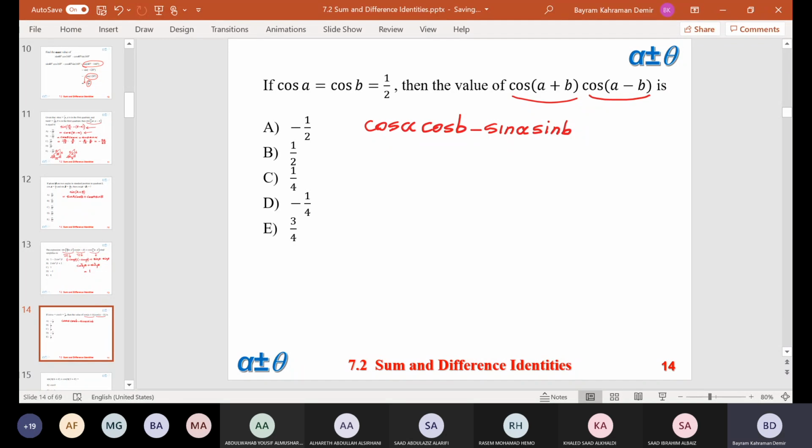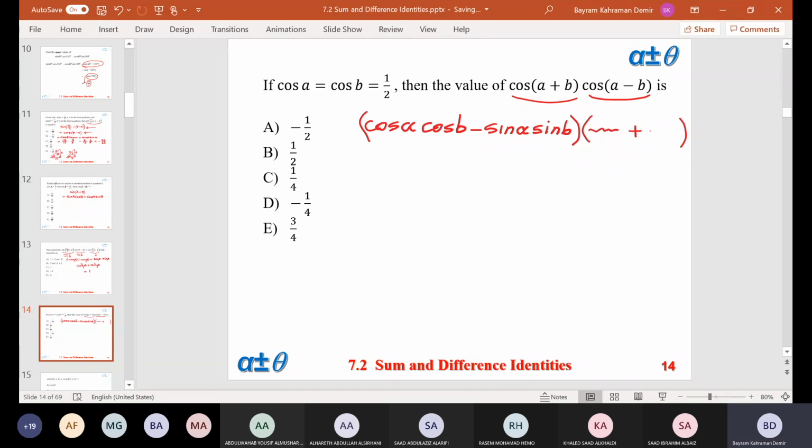Cosine A, cosine B plus sine A, sine B, right? So we are basically multiplying cosine A cosine B minus sine A sine B times the same thing with plus here. You understand, Shabab?